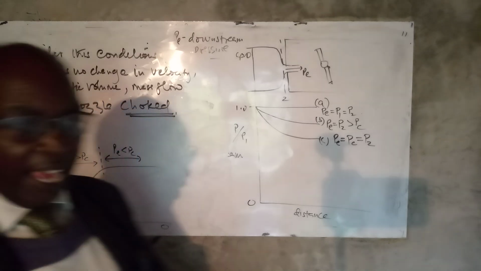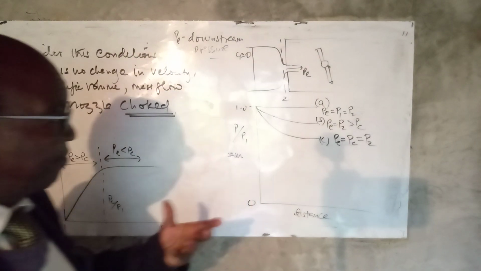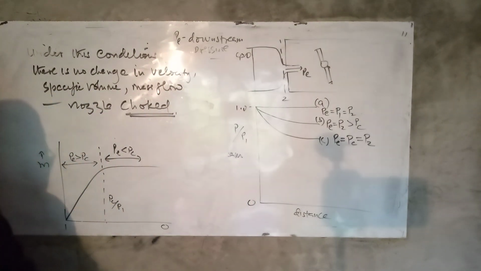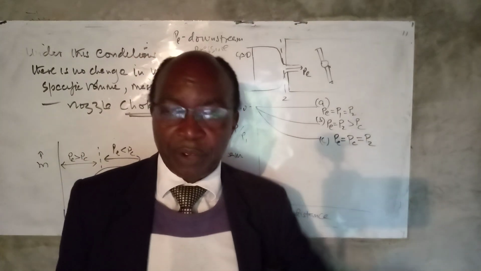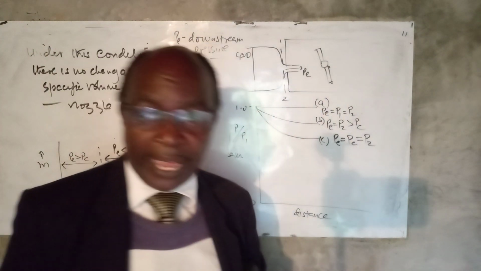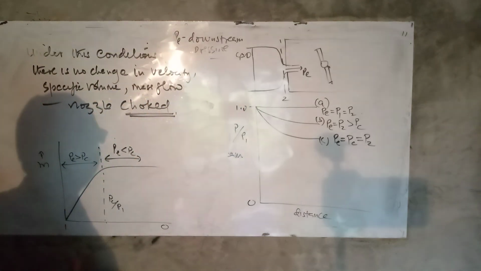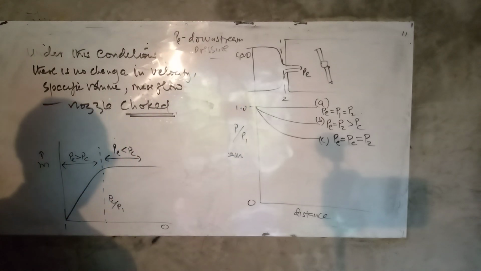And like we have said, if you are to reduce PE further, then unless there is a throat upstream of that plane at the nozzle exit, the nozzle will be choked and those changes will not be there.